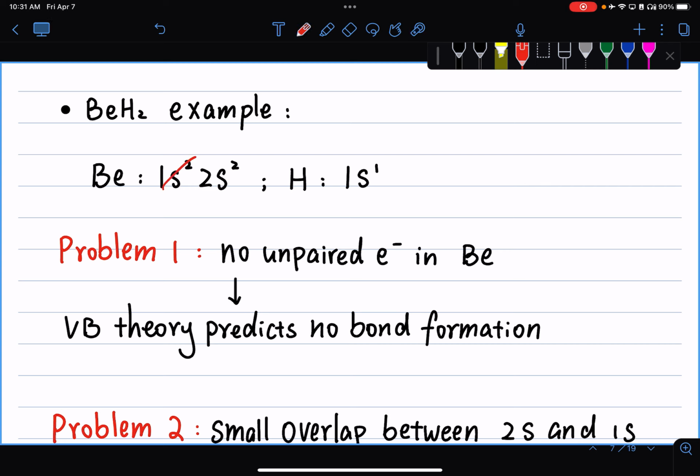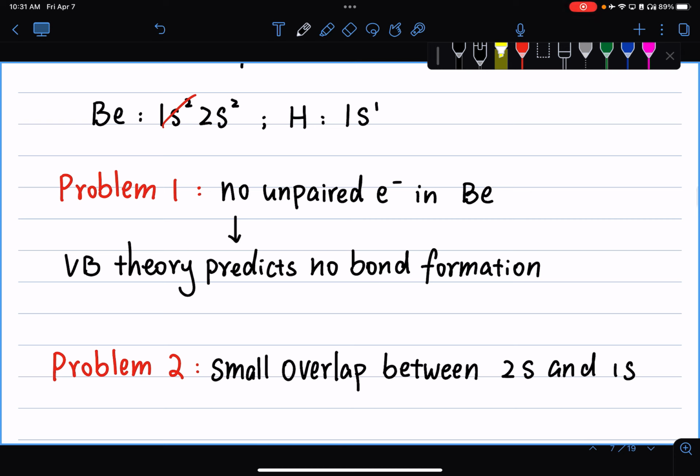And we have 2s2, making two sigma bonds with two hydrogen atoms to form a linear molecule. Using VSEPR, we expect the molecular geometry of BeH2 to be a linear molecule like that. And there are apparently two problems of using valence bond theory to describe chemical bonds in beryllium hydride, or BeH2.